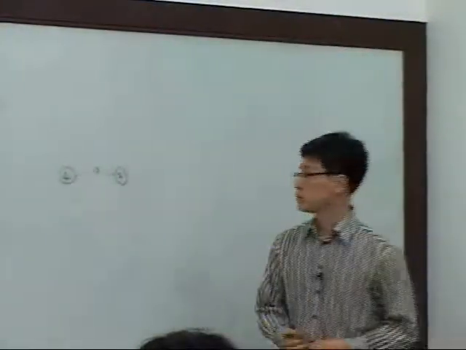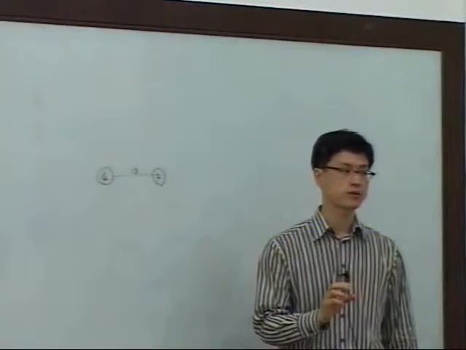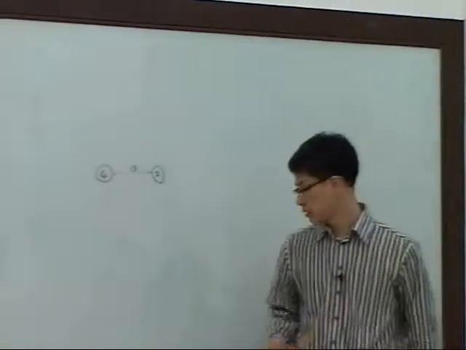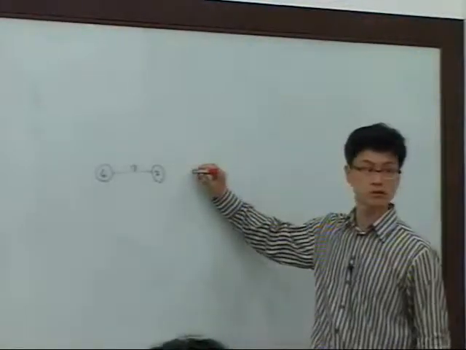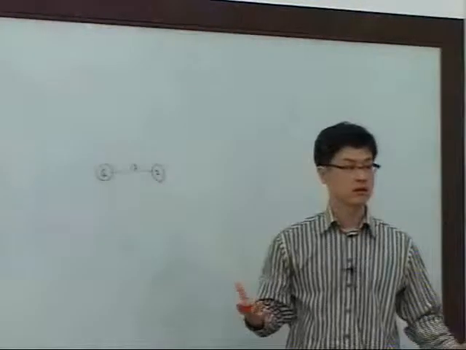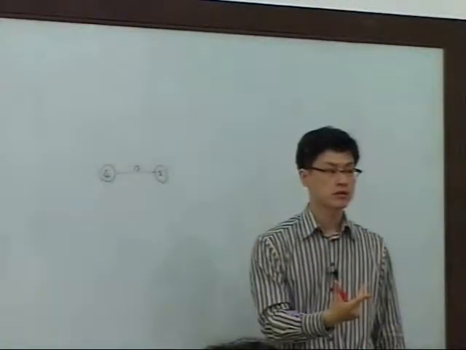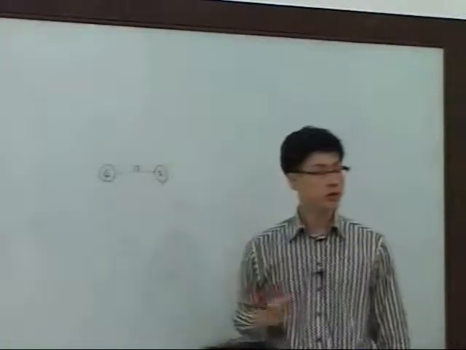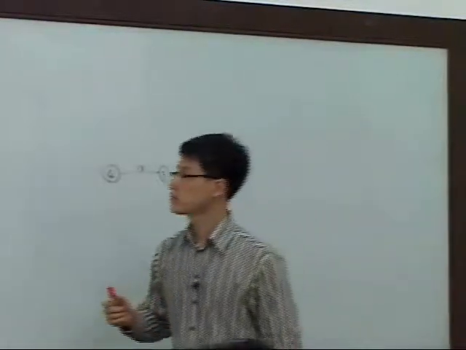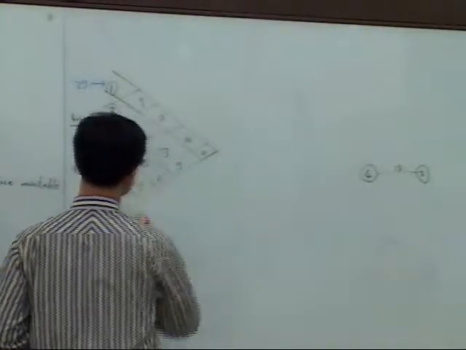Then have to think about what is the right location for department number 3. Here, here, or here and here. Well, have to think about department number 3's relationship with already located departments. Department number 3 has relationship with 2 and 4.